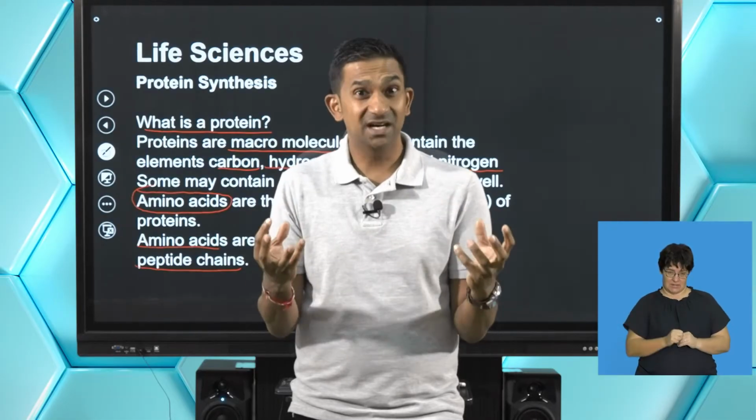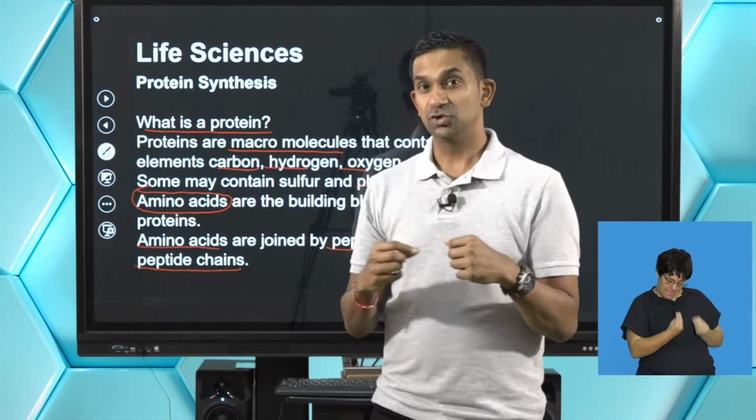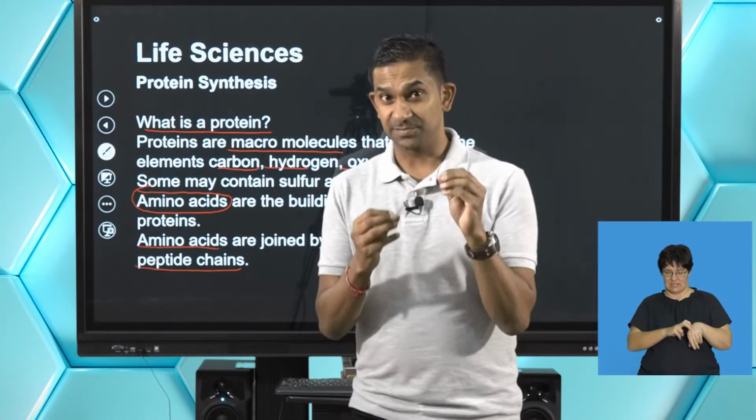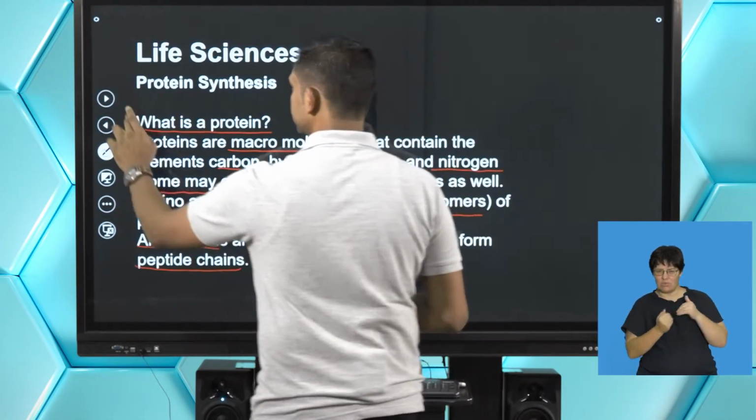The body is then tasked with taking those amino acids and putting them together to make the amino acid chain that we require, i.e. a specific protein. So let's try and understand that process in detail.